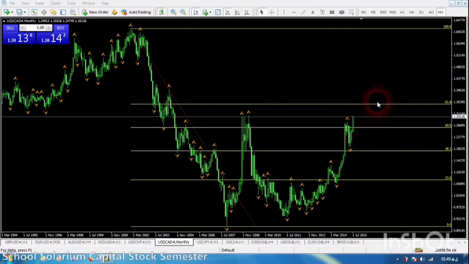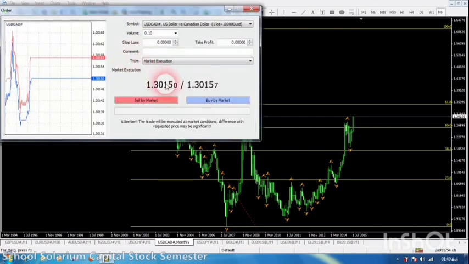So this is a very simple chart that I prepared for you. It's USD to Canadian dollar. So in here, if I want to open a buy trade, I can put my take profit and stop loss on the chart.